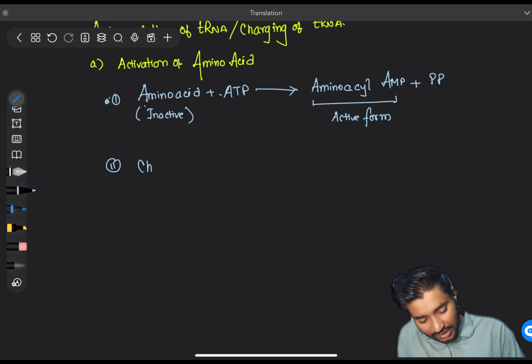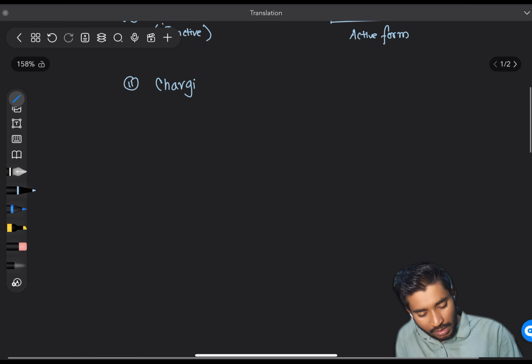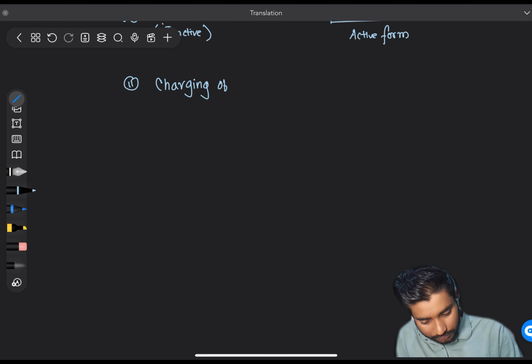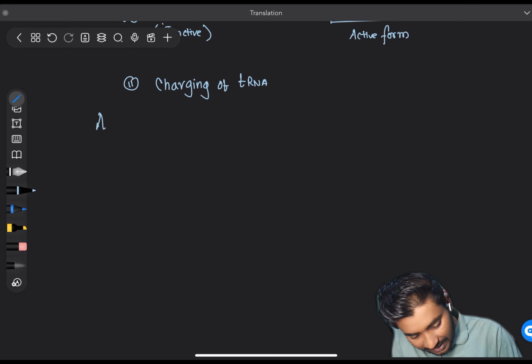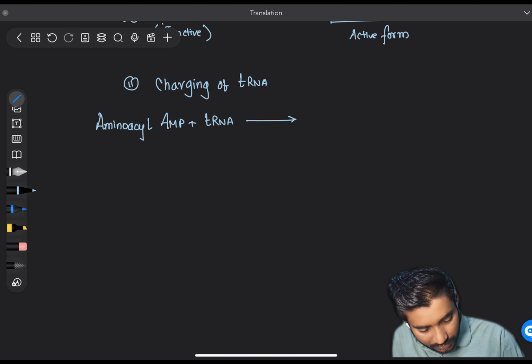The next part is the charging of tRNA. tRNA needs to be charged first. So aminoacyl AMP plus tRNA forms charged tRNA.